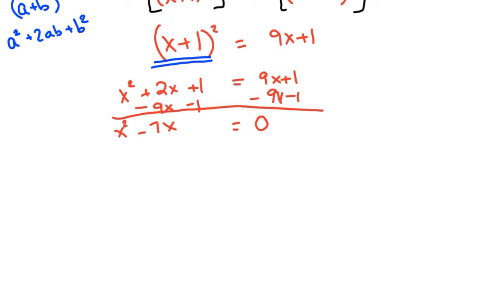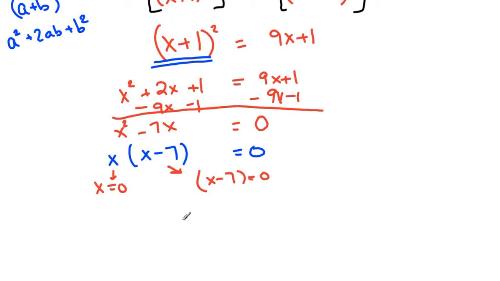Well, I just love to see this because x squared and 7x both have x in them. So let's factor out an x, and we're left with x minus 7. So now we have x times the expression x minus 7 has to equal 0. So either x equals 0 or x minus 7 equals 0.